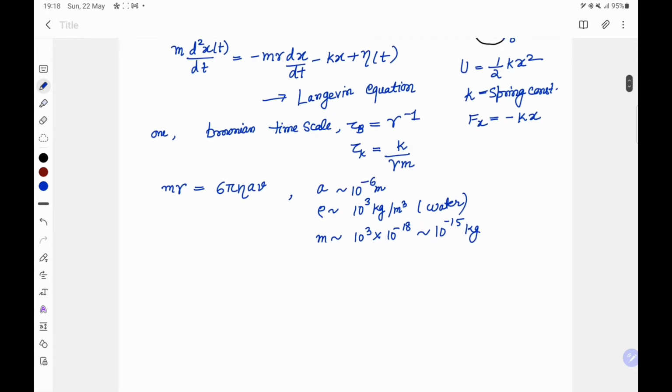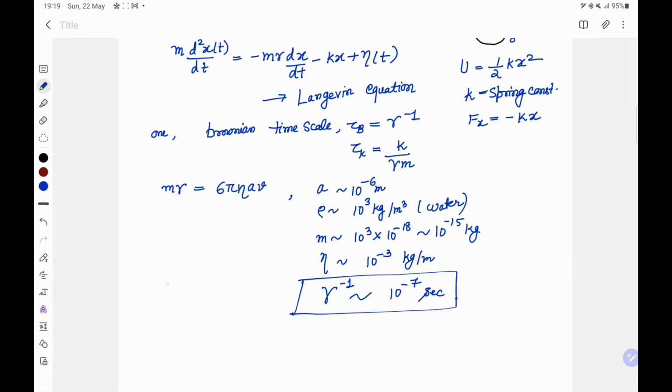Then eta is of the order of 10 to the power minus 3 kg per meter. If you solve, gamma will come out to be of the order of 10 to the power minus 7. Gamma inverse will be 10 to the power minus 7 seconds, so your time scale tau b is of the order of 10 to the power minus 7 seconds.